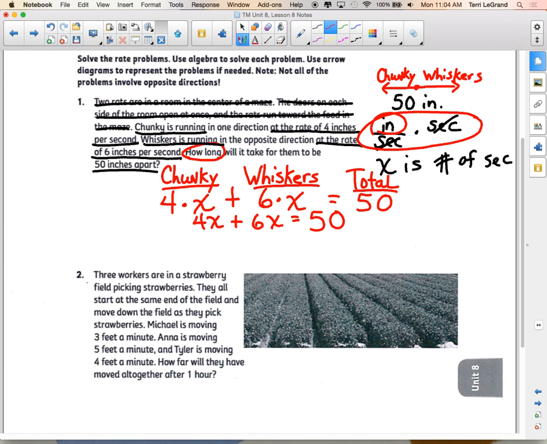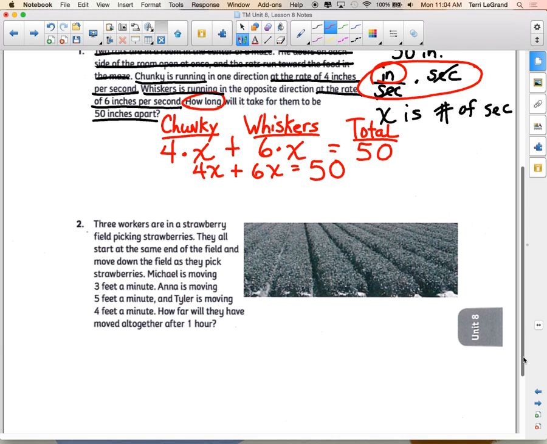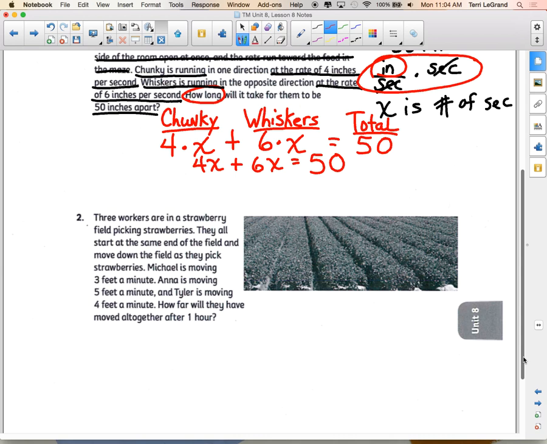Is it ready to solve? No, what can we do? Not yet. We're still getting ready. You're close. What are we going to do to get it ready before we divide? Hannah?